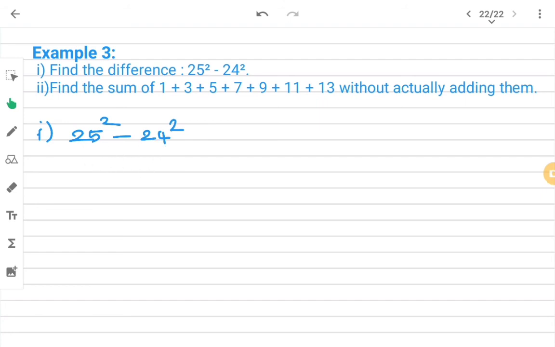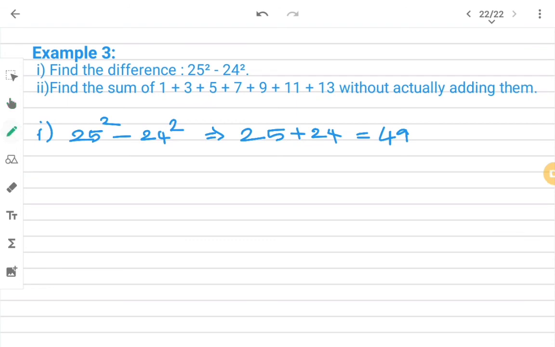The value of this will be equal to the sum of these values, 25 plus 24. What is 25 plus 24? 49. If you find the difference between these two values, you will get 49. Okay? Yes.